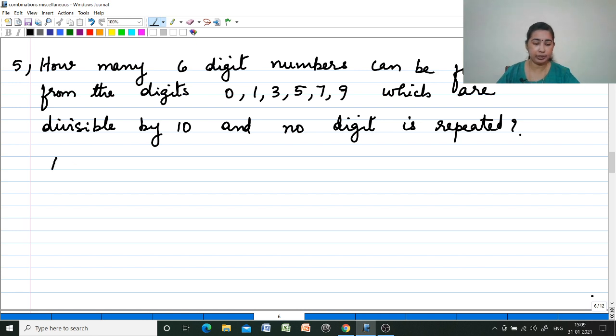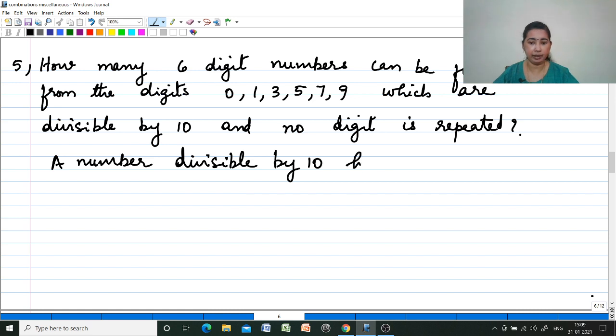So what we have to write? A number divisible by 10 has the unit place digit 0.